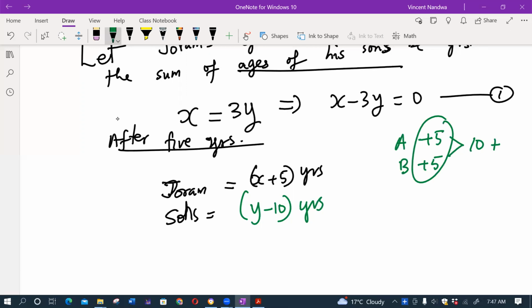Then you add to the sum of the ages they are now, which is Y. Therefore, this will be Y plus 10.